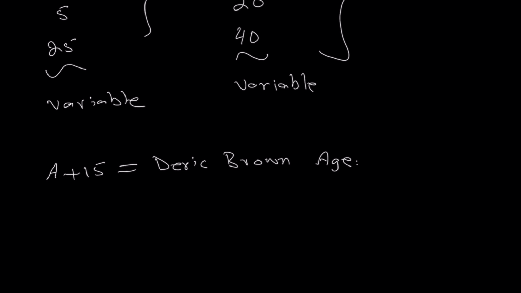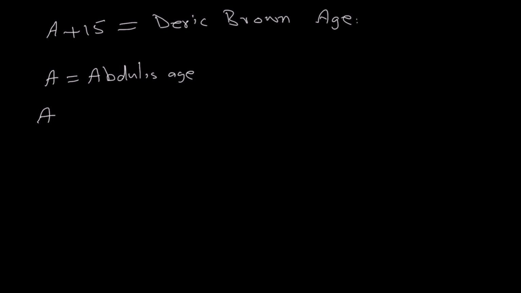So A is Abdul's age. Abdul's age plus 15 years, the constant or the difference between Abdul's and Derek Brown's age, will give me Derek Brown's age. That's how we write an expression in algebraic terms.